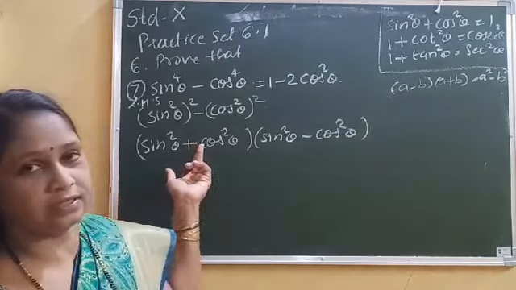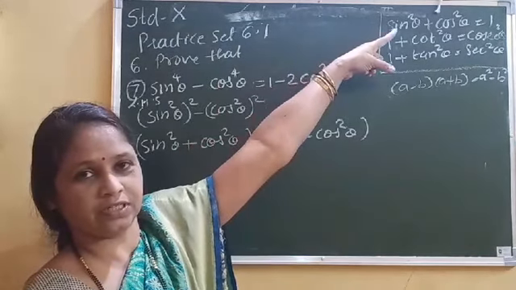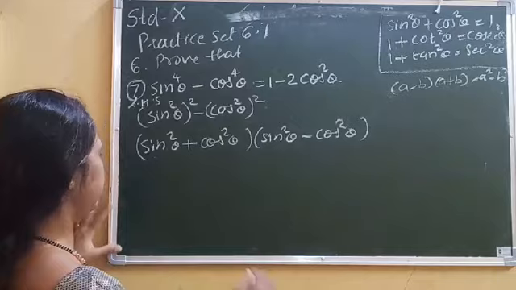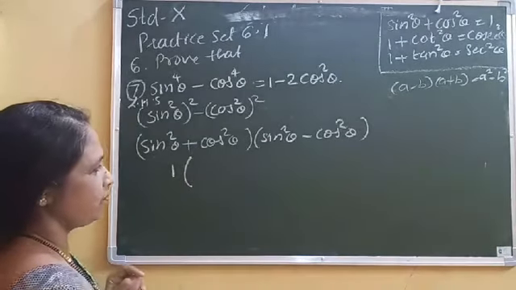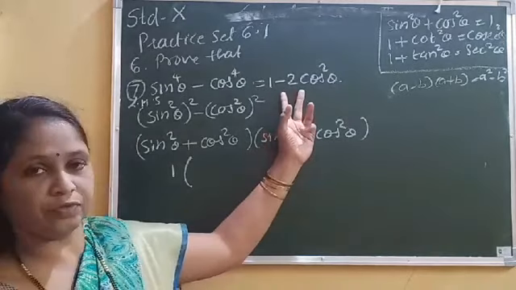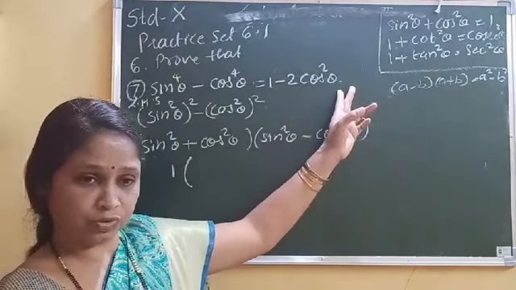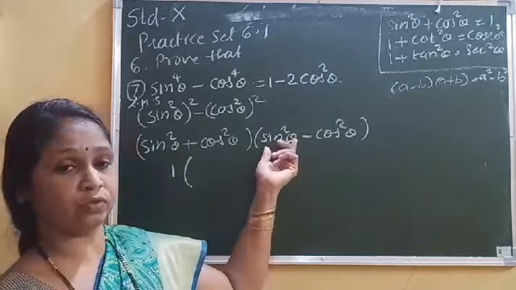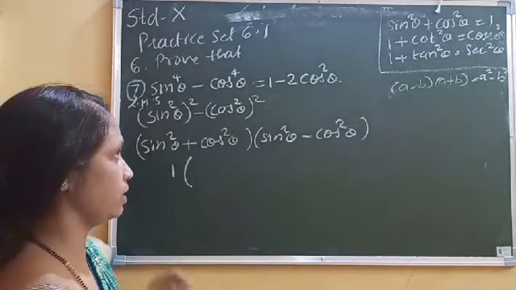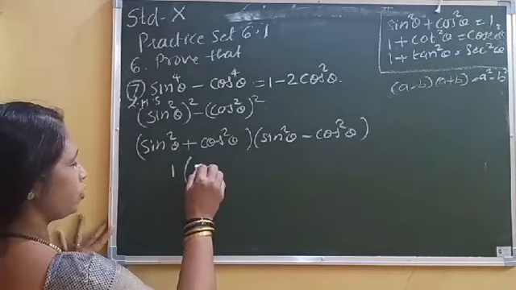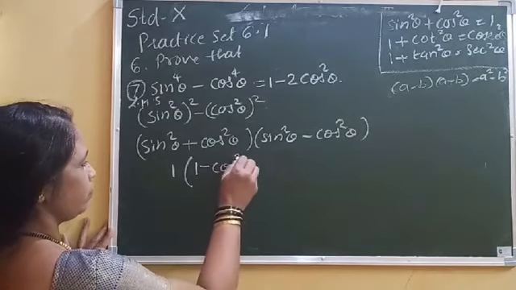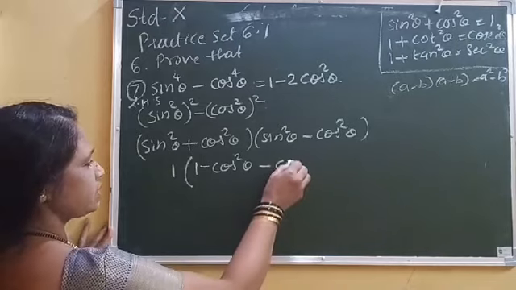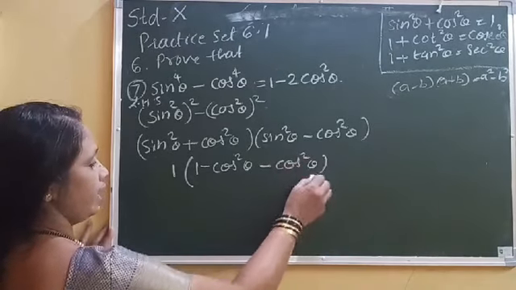Now see, this is the identity. Sin square theta plus cos square theta is equal to 1. And this is sin square theta minus cos square theta. But here what we want is 1 minus 2 cos square theta. So write this sin square in terms of cos square. How will we write this in terms of cos square? Sin square theta means 1 minus cos square theta, and this minus cos square theta will be as it is.